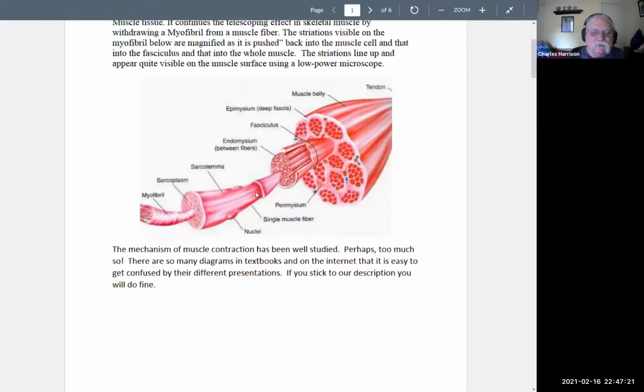They're sort of stripping it in the picture, but this whole thing is a muscle cell. People think often, well, if it's a muscle cell, that's got to be the smallest unit. No, no, no, no, no. Inside we have organelles, and these are called myofibrils.